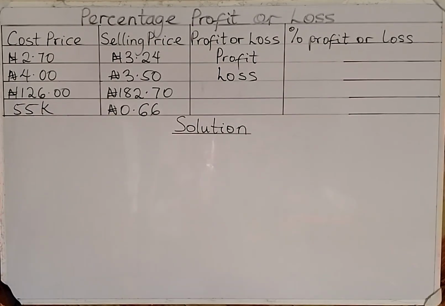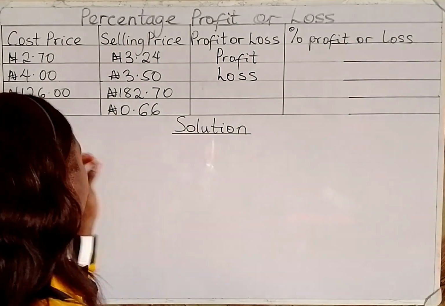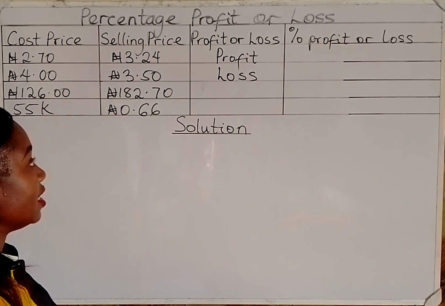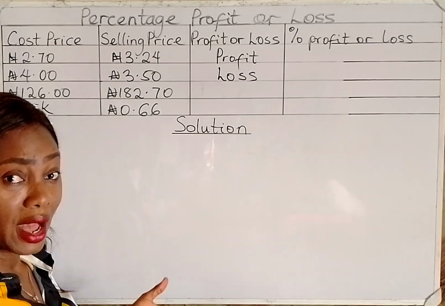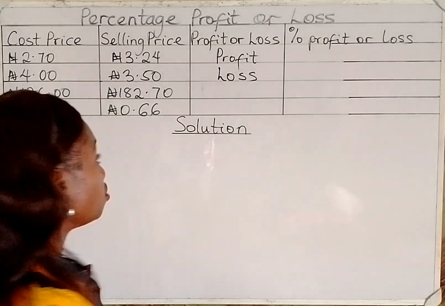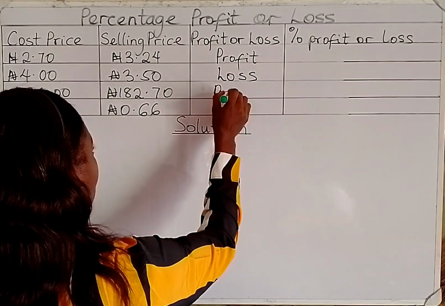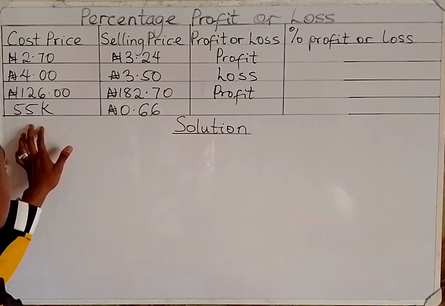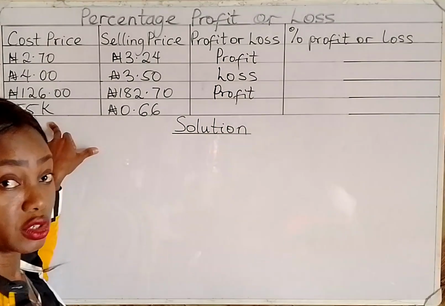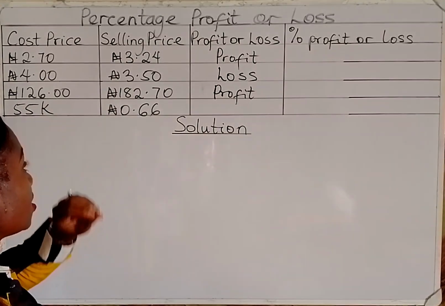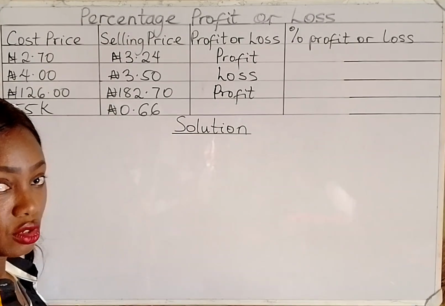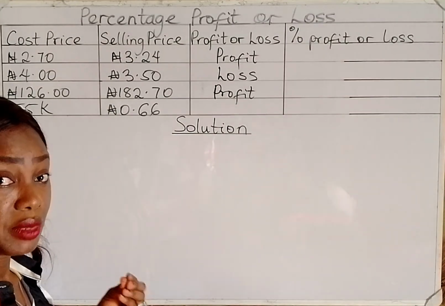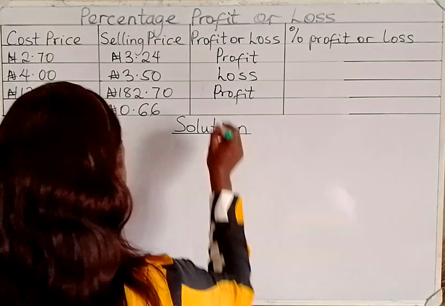Then the next one, 126 naira worth of goods was bought and sold at 182 naira 70 kobo. Wow, this person made a huge profit, right? And the last one, 55 kobo worth of goods was bought and sold at 66 kobo. So this person definitely made a what? Profit as well.